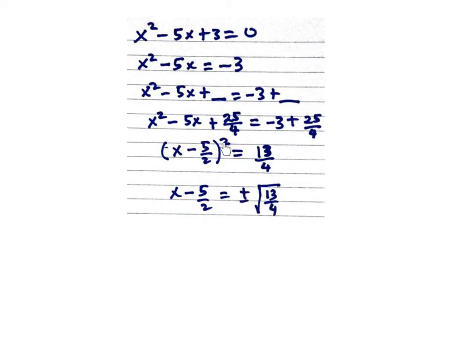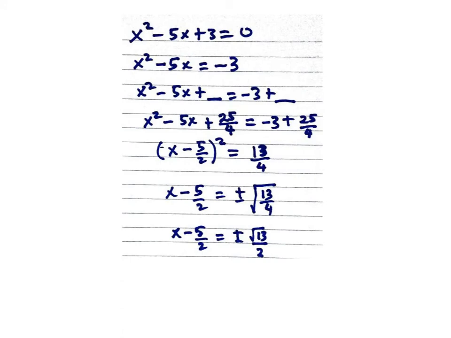The square root and the square cancel each other out, leaving you with only that. So our next step is to add 5 over 2 to both sides.